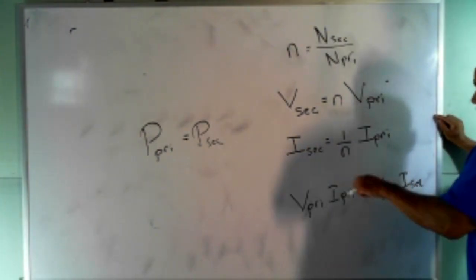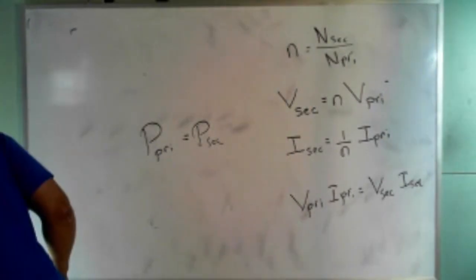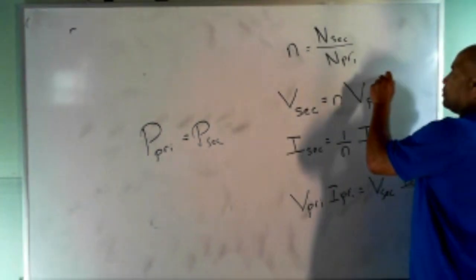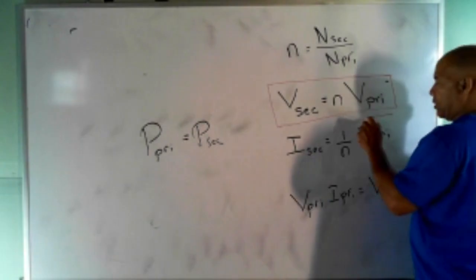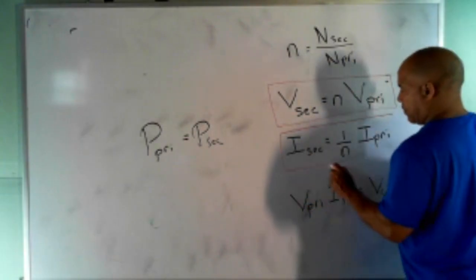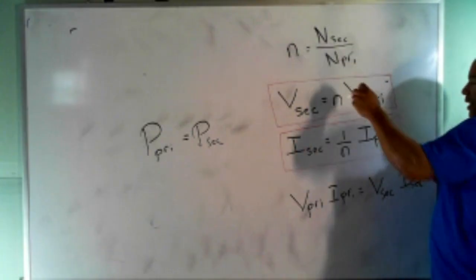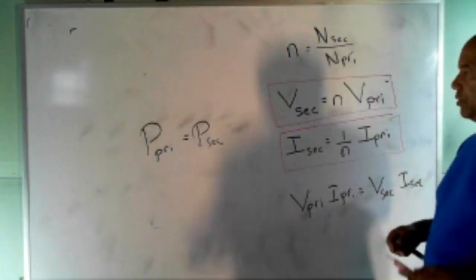This equation right here will be useful when you're doing your homework. So the main two equations, though, are this one and this one. And of course, you've got to use that one to get the turns ratio. You'll see where you use that. So that's kind of where we ended up.